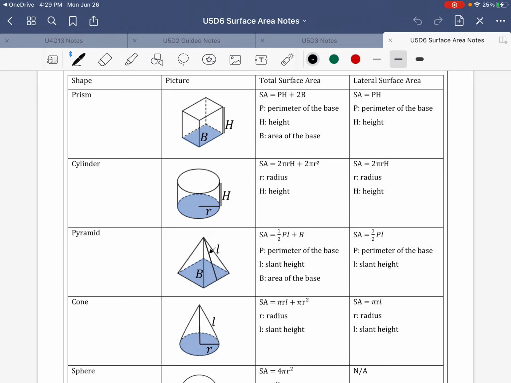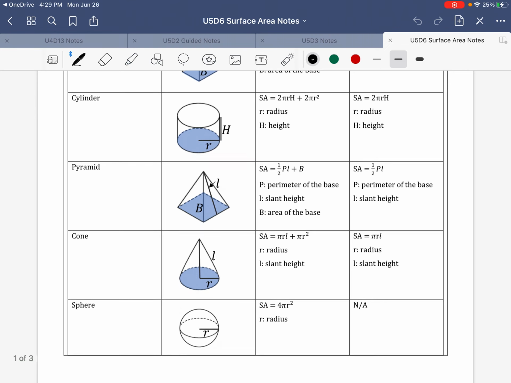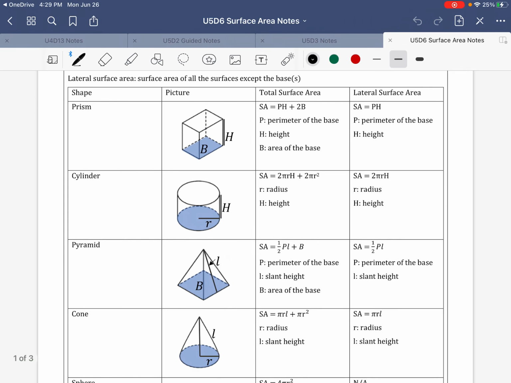Now, there are a number of types of figures that we have surface area equations for, including prisms, cylinders, pyramids, cones, and spheres. When we talk about a prism, we remember that we name all of our prisms based on the shape of the base. So if our base here is a rectangle, we name it a rectangular prism.